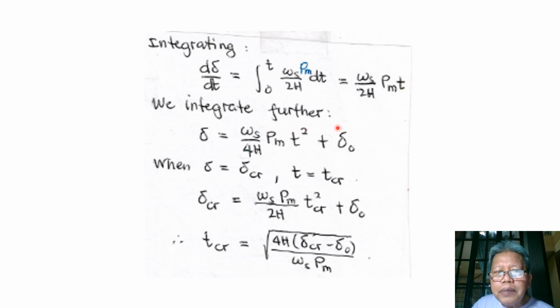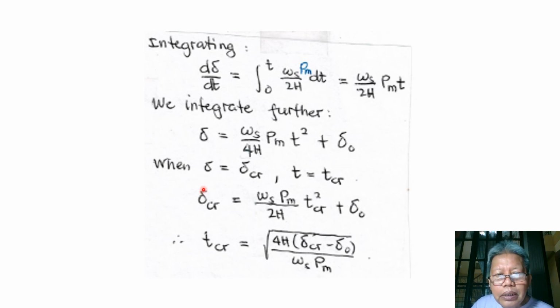Now we integrate further, so the integral of this is equal to delta, while integrating this with respect to t, we get omega s over 4H Pm t squared, and then we have the constant of integration, which is just our initial angle delta O.